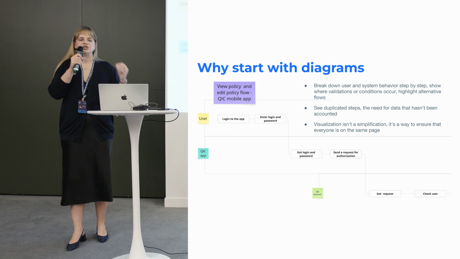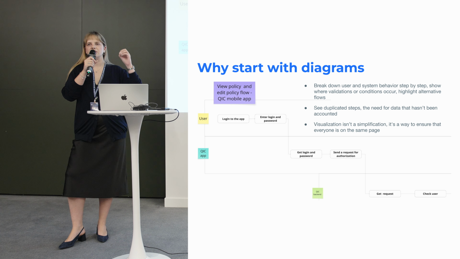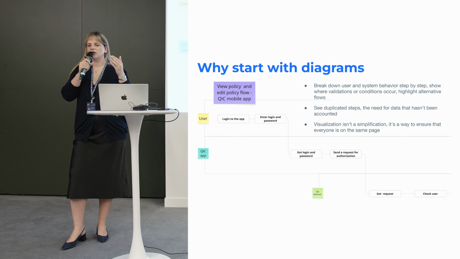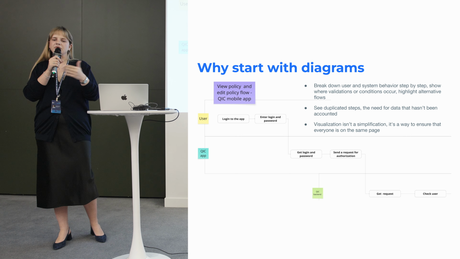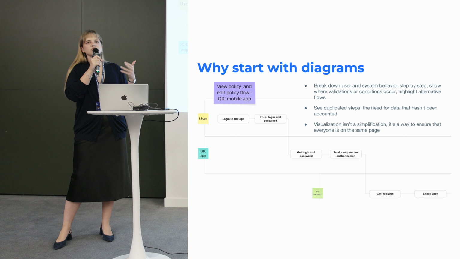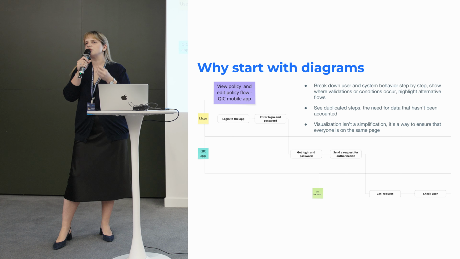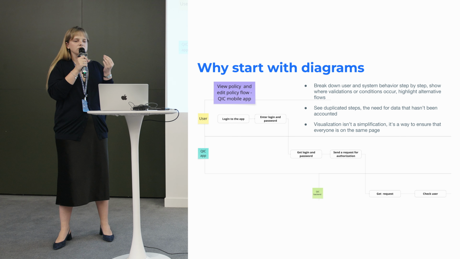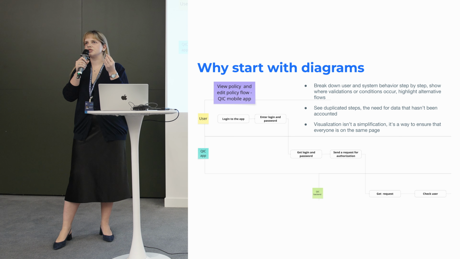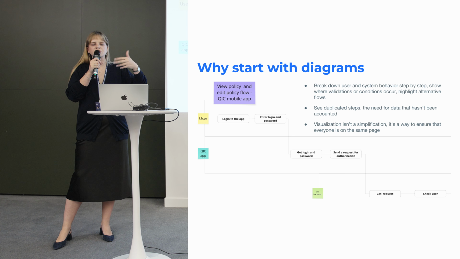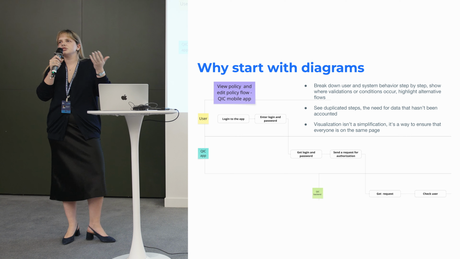When we prepare a diagram, it becomes clear to see user and system behavior step by step. Also, we could see some duplicated steps, some necessary data which we missed, and some alternative flows which appear that we didn't think about.